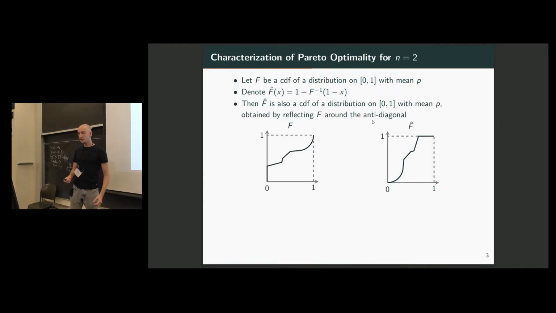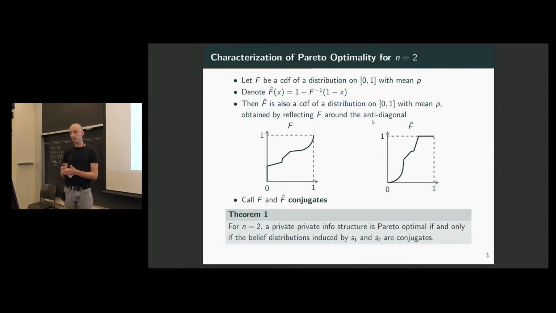So it turns out that f hat is what we get if we reflect the graph of f with respect to the anti-diagonal. In particular, f hat is also a CDF, and it also has mean p. We will call the pair f and f hat conjugates.